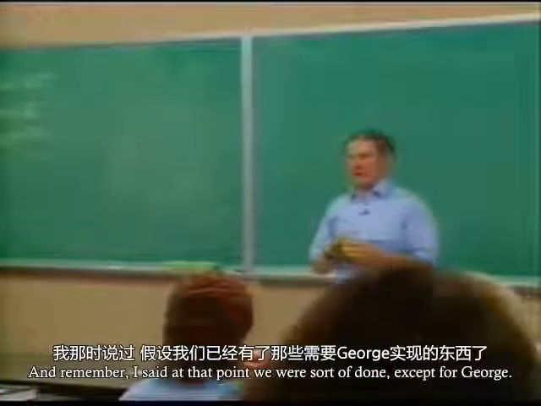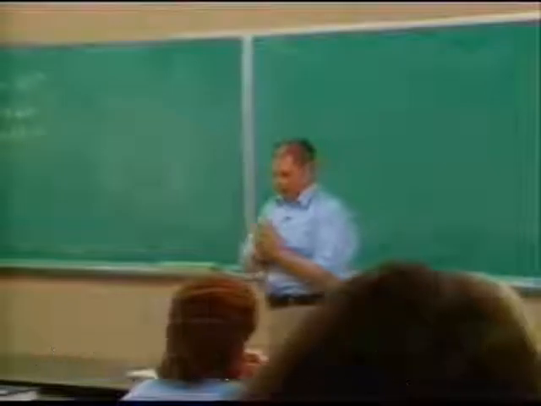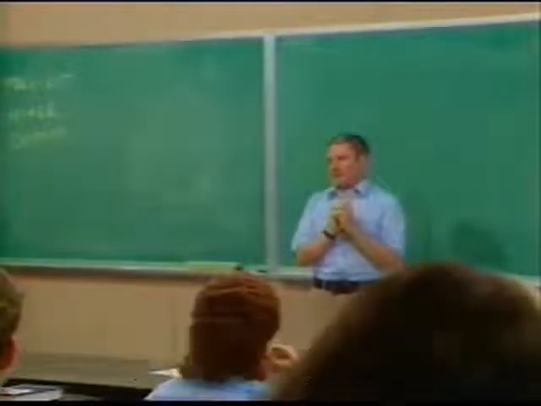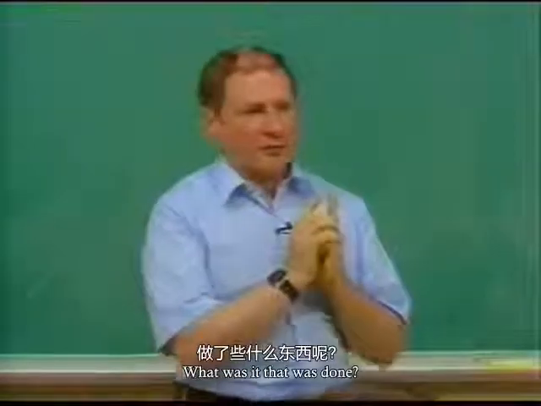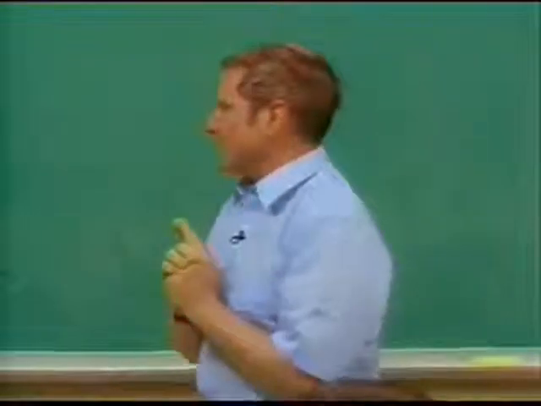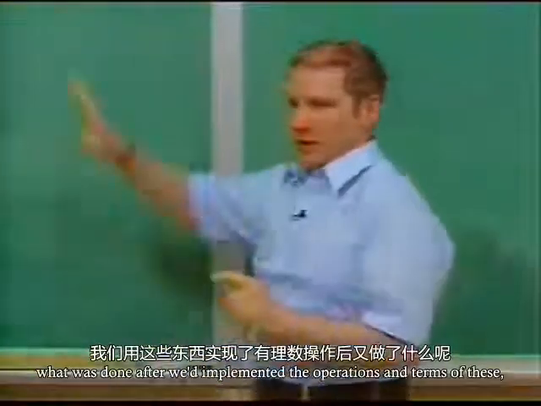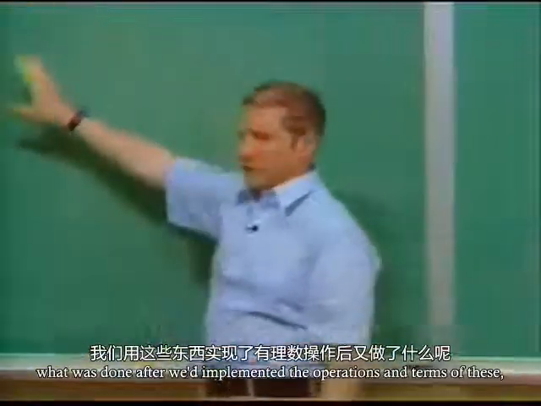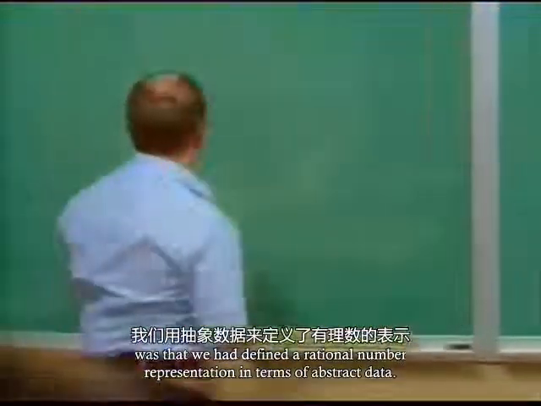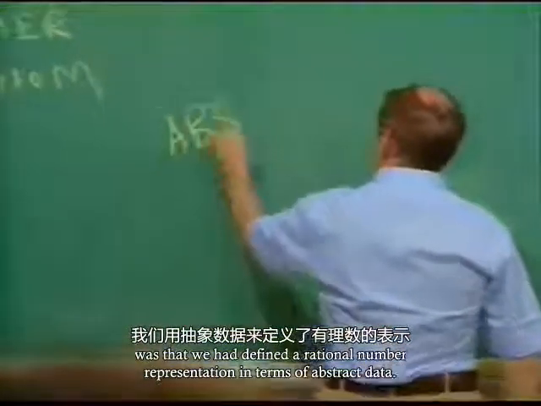And remember I said at that point we were sort of done except for George. Well, but what was it that we'd actually done at that point? What I want to say is that after we'd implemented the operations in terms of these, we had defined our rational number representation in terms of abstract data.